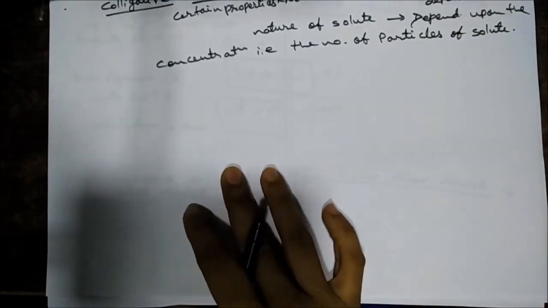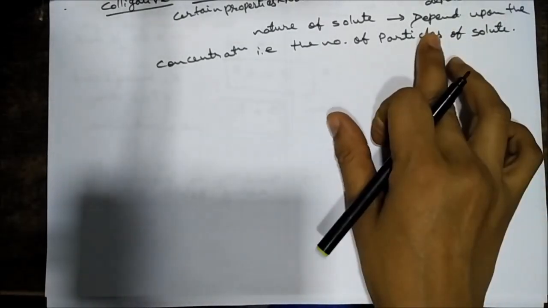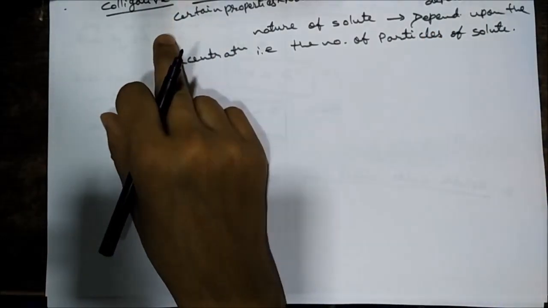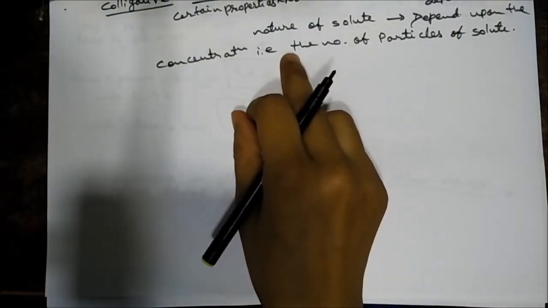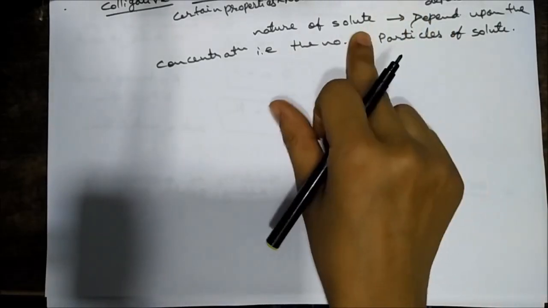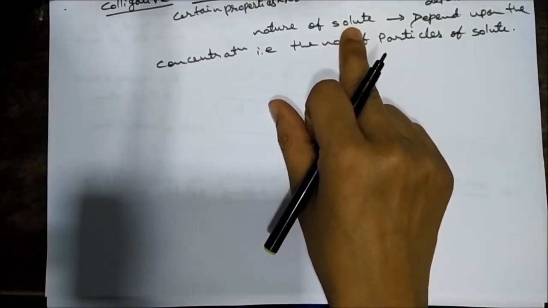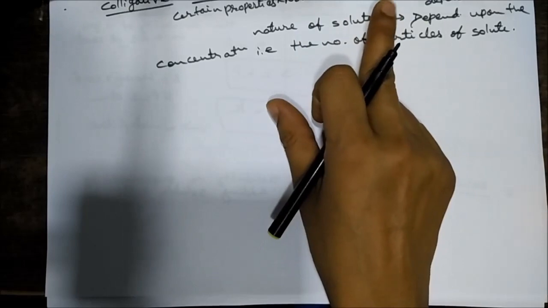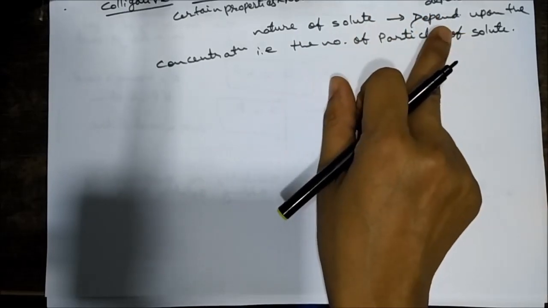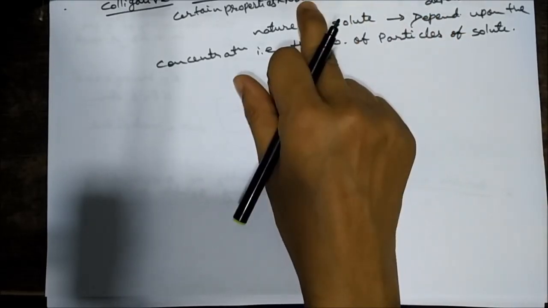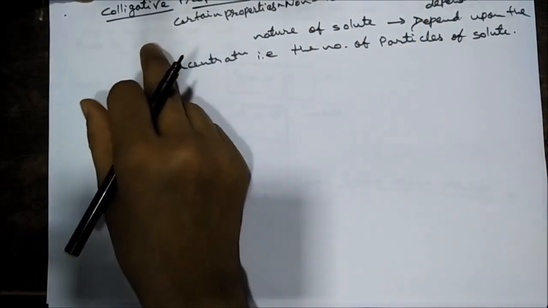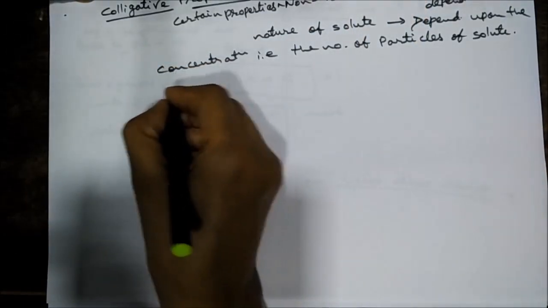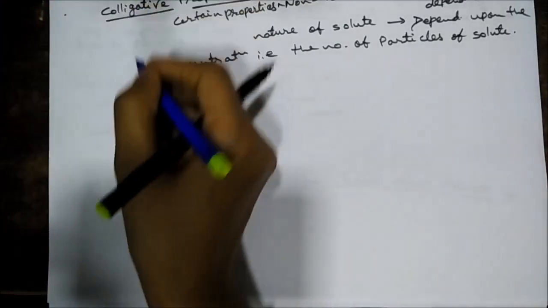Means if the number of particles of solute is more, then its colligative properties will be more. So these properties which depend upon the concentration of these solutes are called colligative properties, and these are independent of the nature of these non-volatile solutes. These properties are also called democratic properties.